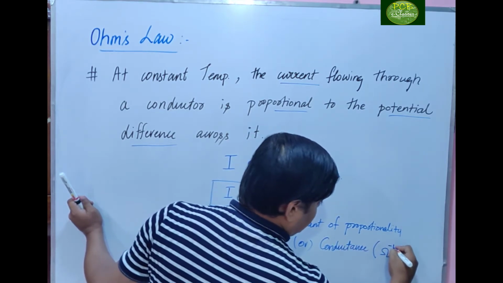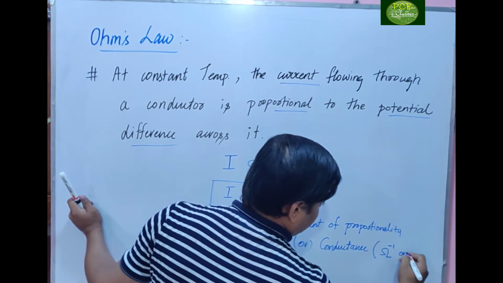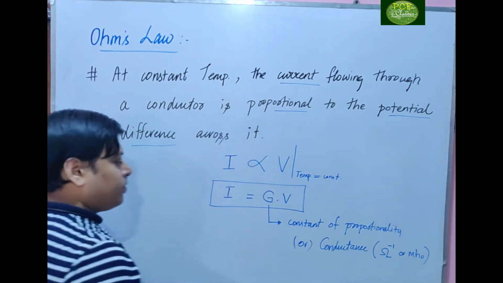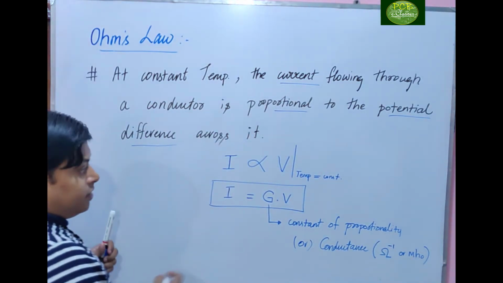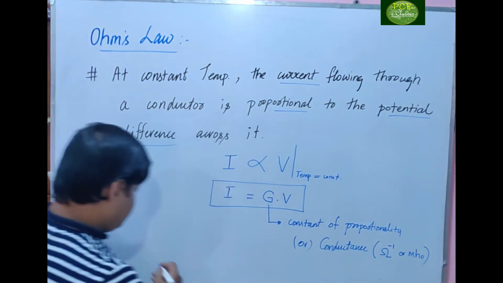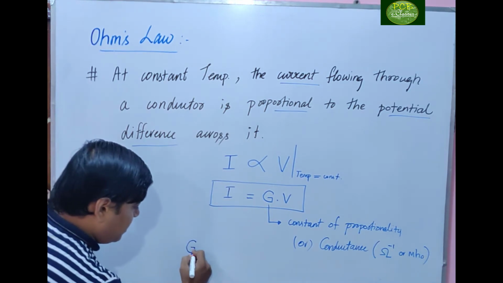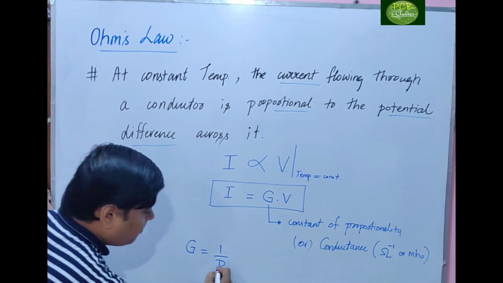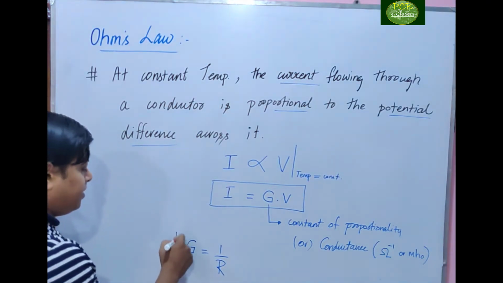The unit is ohm inverse or mho. G can be written as 1 by R.